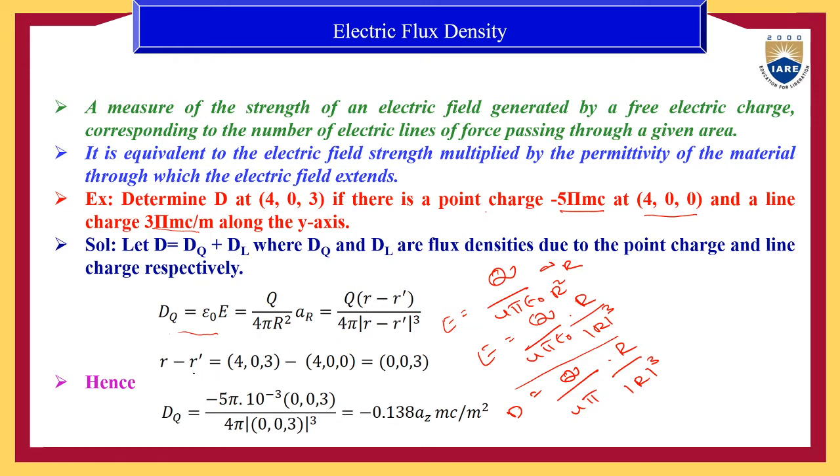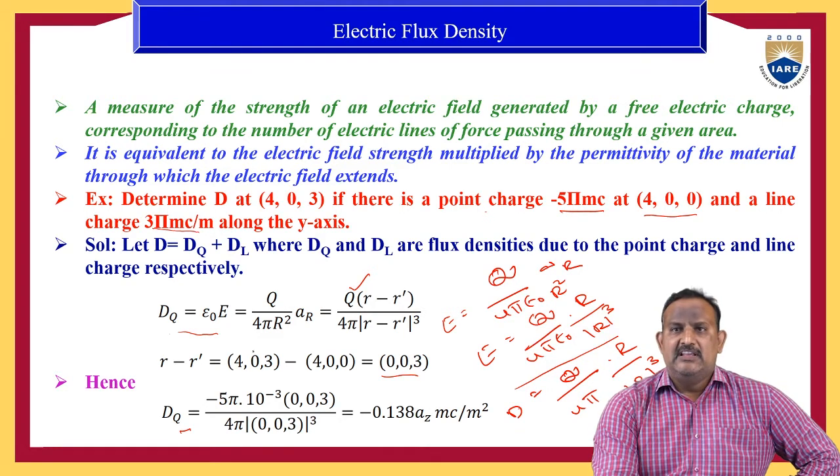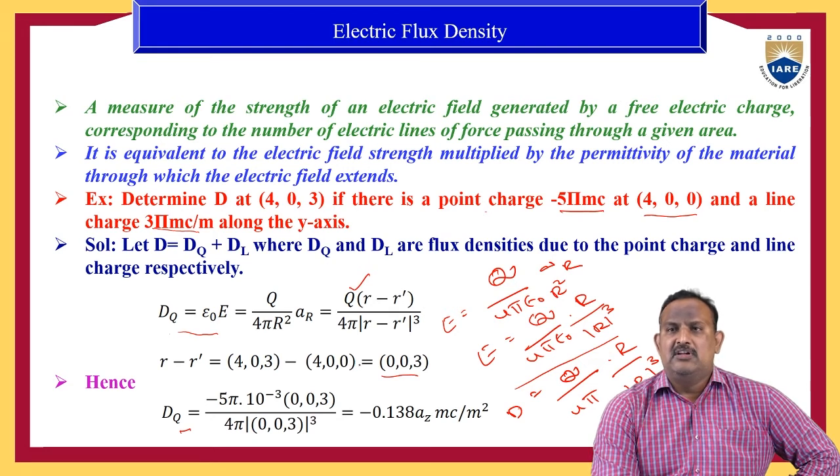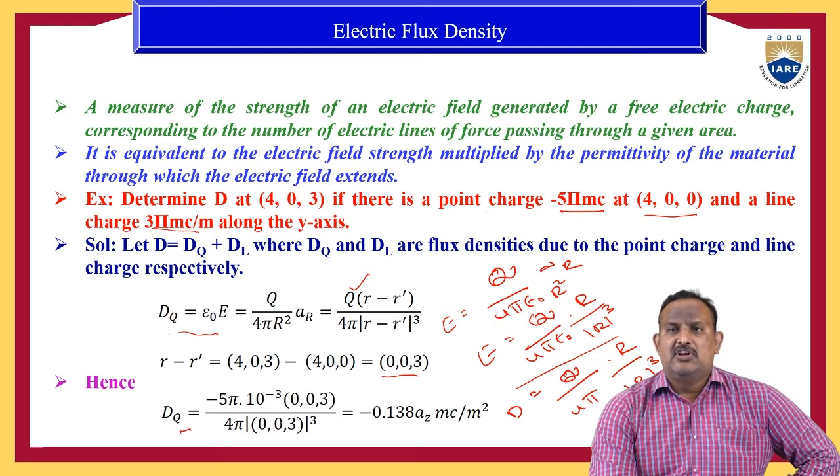First, we will find the distance between the two points. Here r is (4, 0, 3) and r dash is (4, 0, 0). The distance vector is (0, 0, 3), so we have only a z component. Then Dq is equal to q, which is minus 5 pi into 10 power minus 3, into the distance vector (0, 0, 3), by 4 pi into modulus of r cube, which is modulus of (0, 0, 3) whole cube.